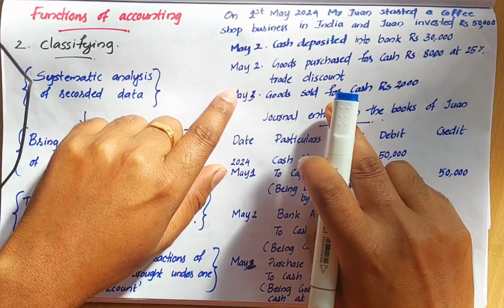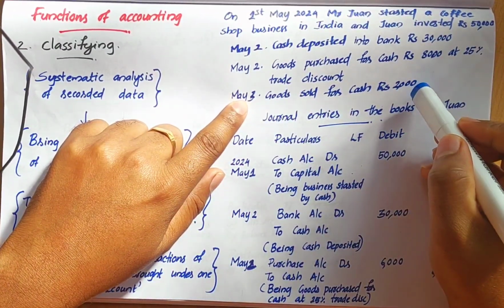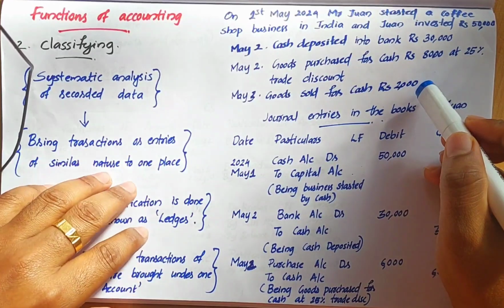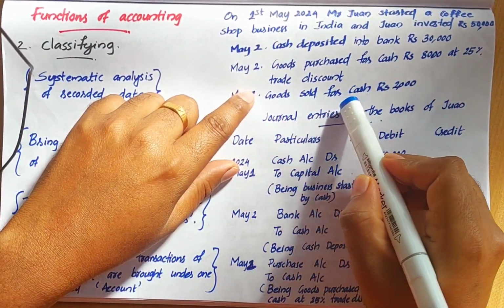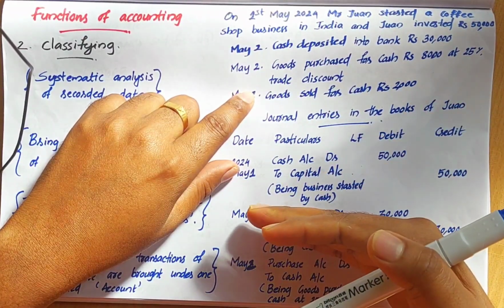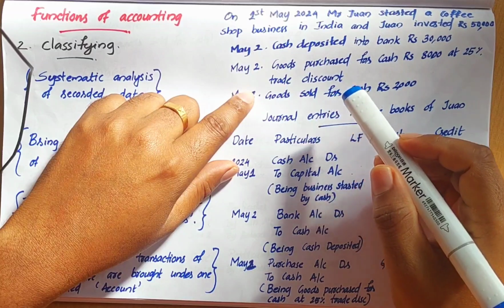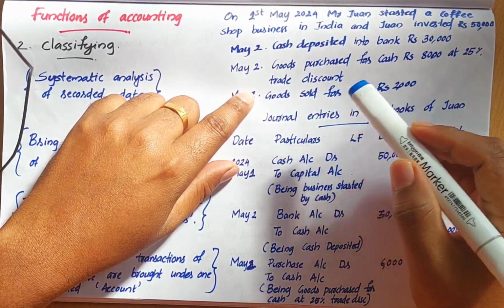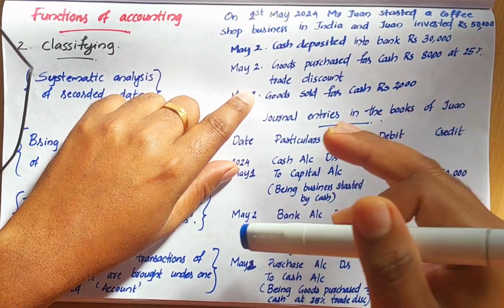Now we have one more transaction: goods sold for cash rupees 2,000. What will the journal entry be? Cash is coming into the business. We are selling our goods to a customer and the customer is paying us.